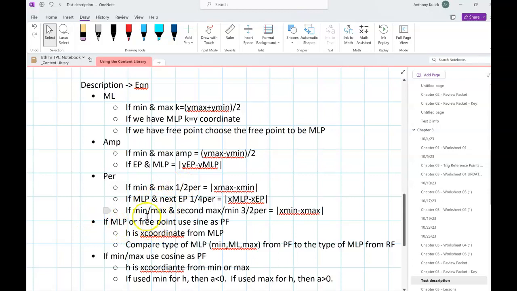If I have a midline point or a free point, I'm going to use the sine function as my parent. So the x coordinate from the point is just my h. And if I compare the type of midline point to the parent function, that will tell me the sign for a.